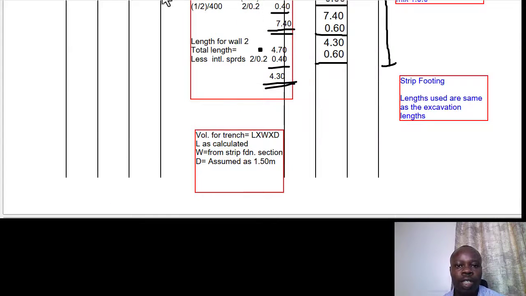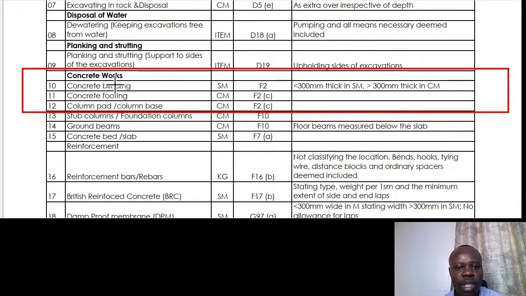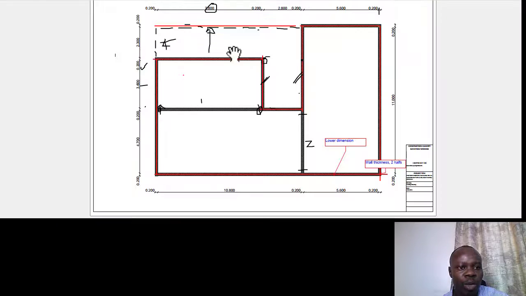Okay, so from our plan for this session, we've discussed concrete blinding, we've discussed concrete footing, and then let's also see something on column pads. Of course column pads are not part of this session. From the plan that we are using, this was just a basic plan without all those other items.